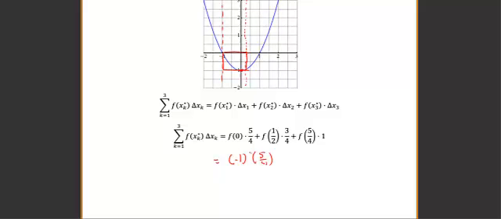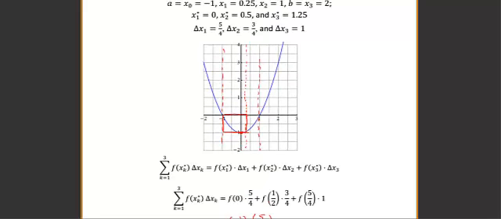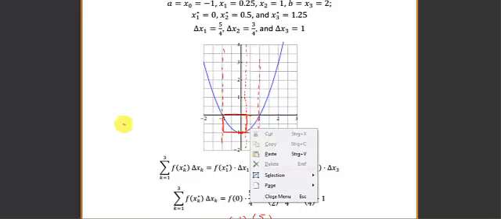Then on the next interval, from 1/4 to 1, x sub 2 star is 0.5, right here.